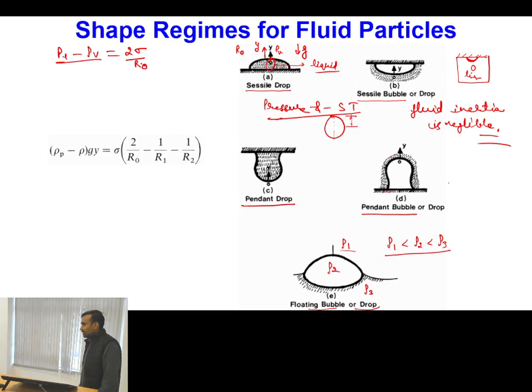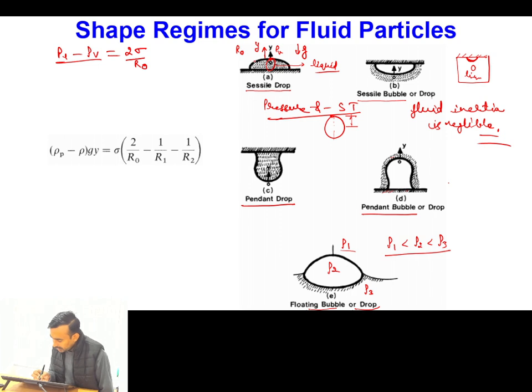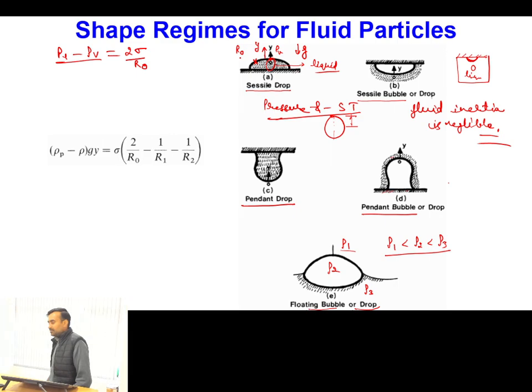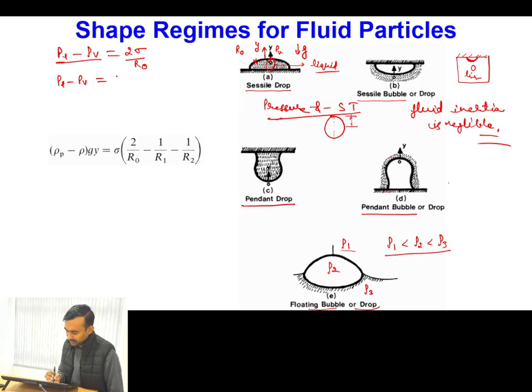Now, if other than this I consider any other point, is my curvature symmetric at this point? No. So here I will be having two different principal radii of curvature, R1 and R2. At this point, if I have to determine PL minus PV, that will be equal to sigma times (1/R1 plus 1/R2).